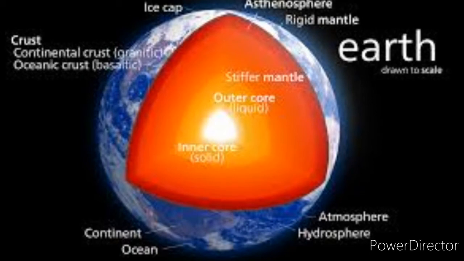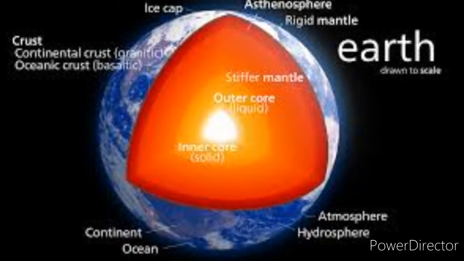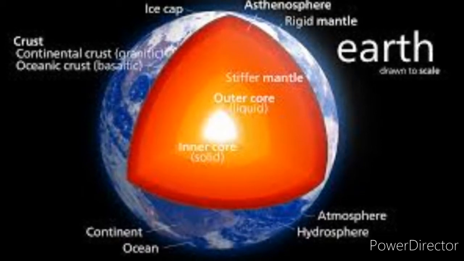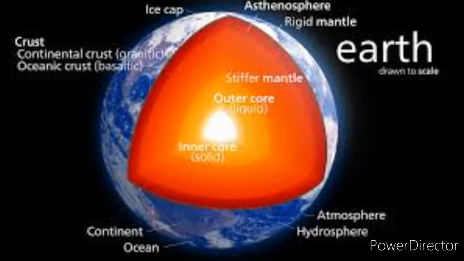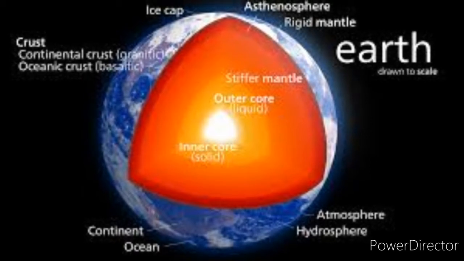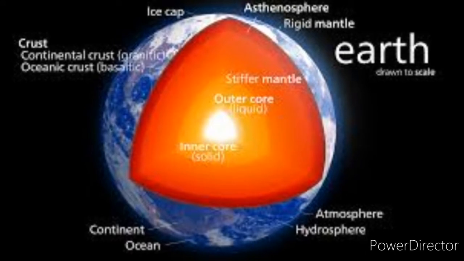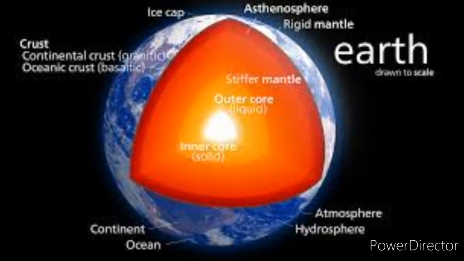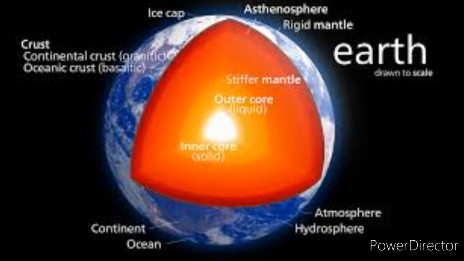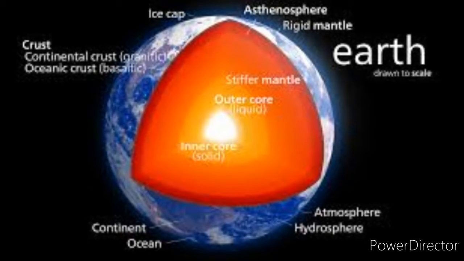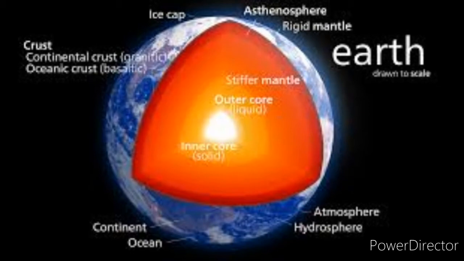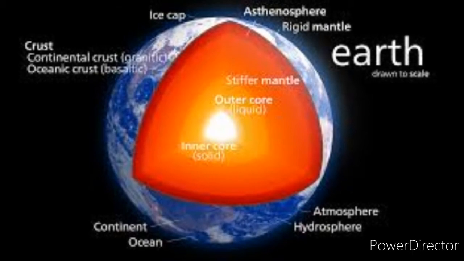The central core has very high temperature and pressure. It extends from 5,150 km to 6,370 km. The average density of the core is 13.0 gram per centimeter cube.